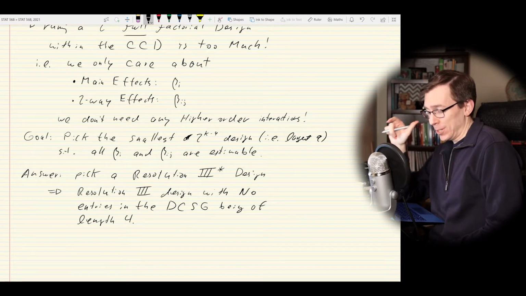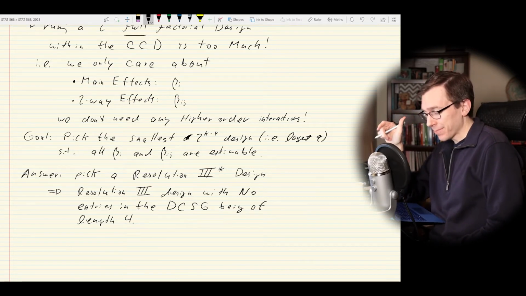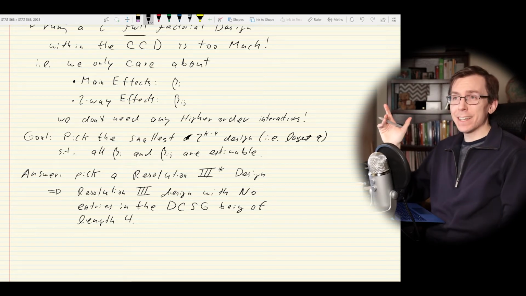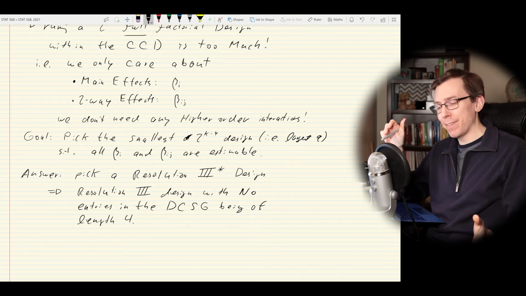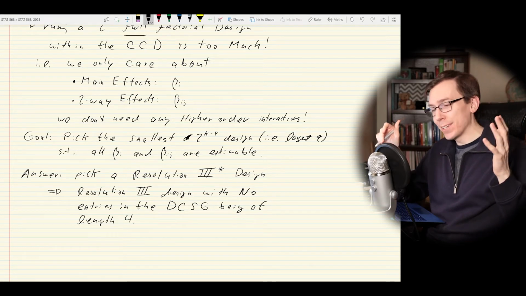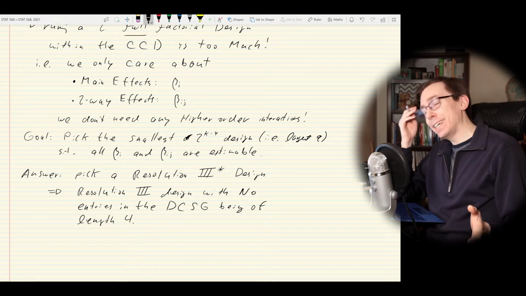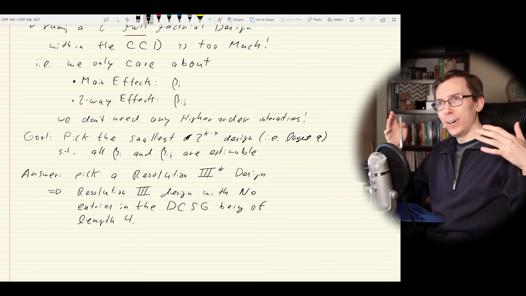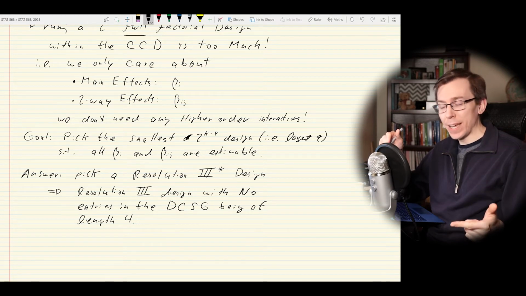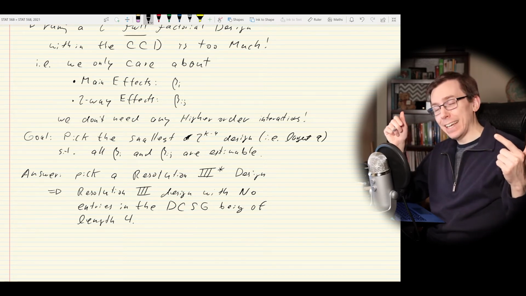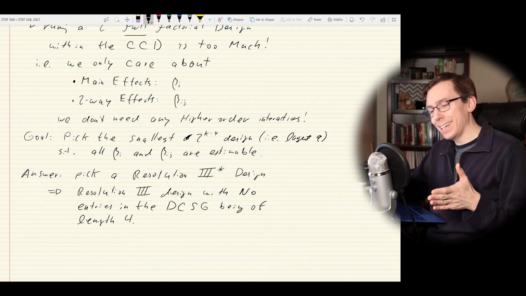So what's going on here? Well, the first thought that you might have is I want to make sure I can estimate all of the main effects and all of the two-way interactions. So that means that I would need all of the main effects to be clear. I don't want them aliased with any one or two-way interaction. And I need all of the two-way interactions to be clear.